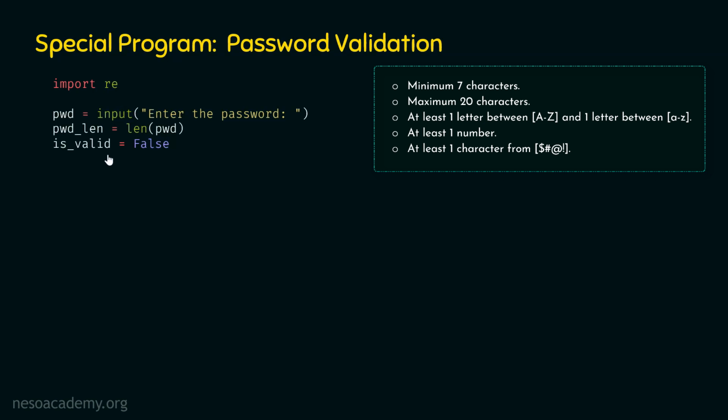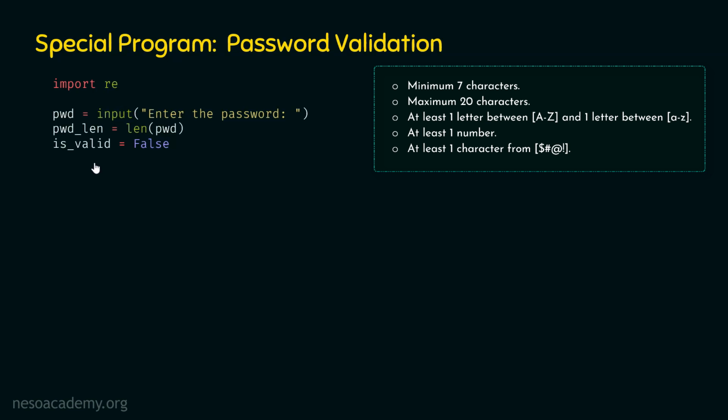Initially we are setting this variable to false because we are assuming that the password entered by the user is invalid. And if all the requirements are satisfied, then we will set is_valid to true. If is_valid is true, then we will print the message, the password is valid. Otherwise we will print the password is not valid. I hope this idea is completely clear.